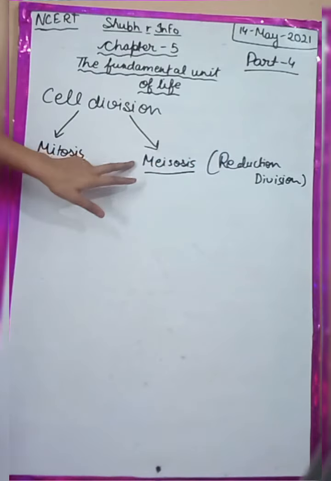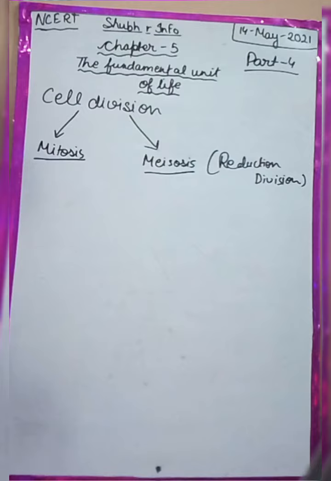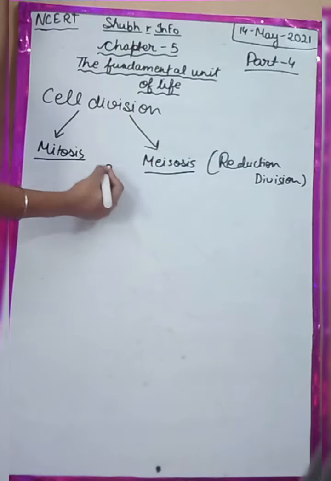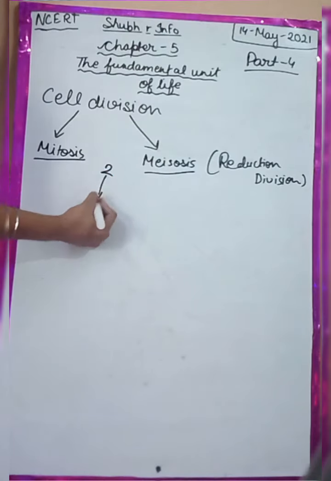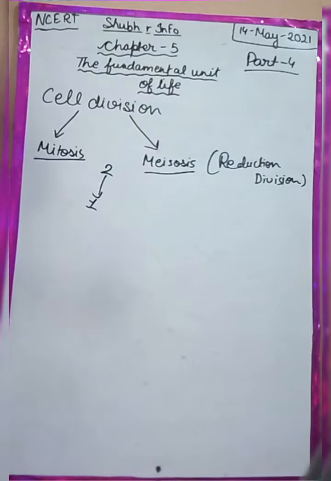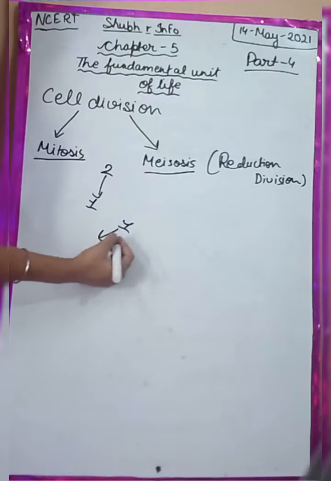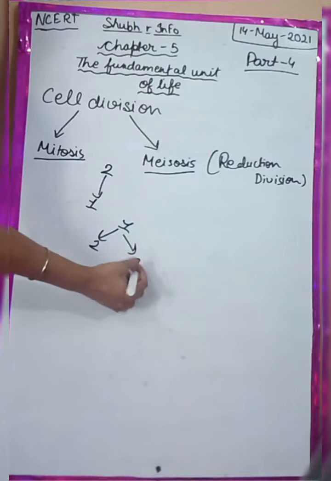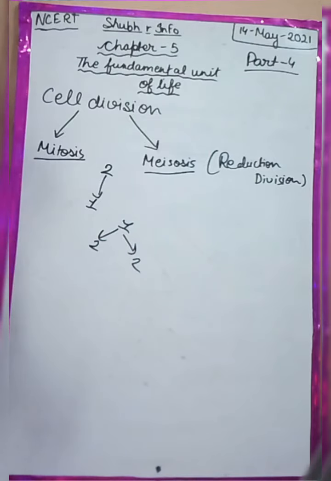Okay, meiosis is a reduction division. They do reduction. We say that two parent cells give birth to one daughter cell, or sometimes, like in the case of amoeba, hydra, one parent cell gives birth to two daughter cells, right? So it happens like this.